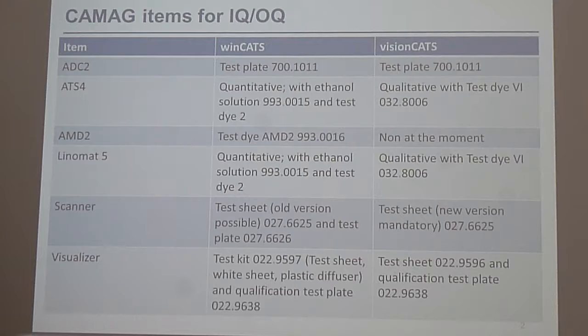So this is the new test sheet with these three new things. I have to admit, and Mohamed also said that, it is a bit trickier to pass the test with that test sheet.